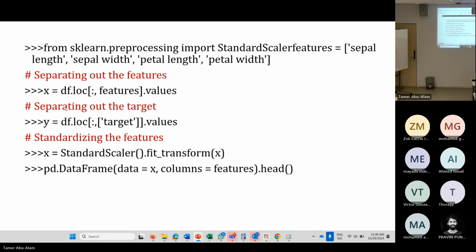Then here they extract X and y. X is the variable that we would like to work with, so they extracted the features, and y is the target. The target is just ID.